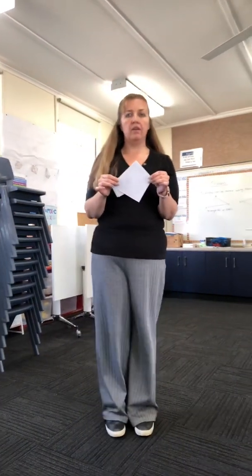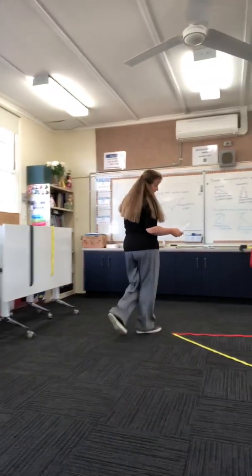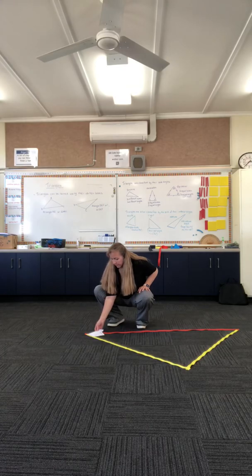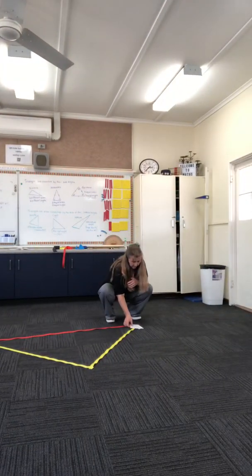So that 90-degree angle is going to help us to decide whether or not the angles in this triangle are bigger than or smaller than 90 degrees. If we have a look here, we should hopefully find that each angle is smaller than 90 degrees.